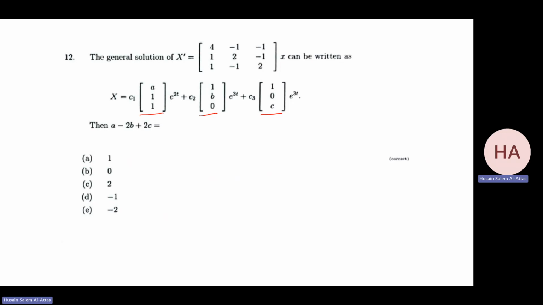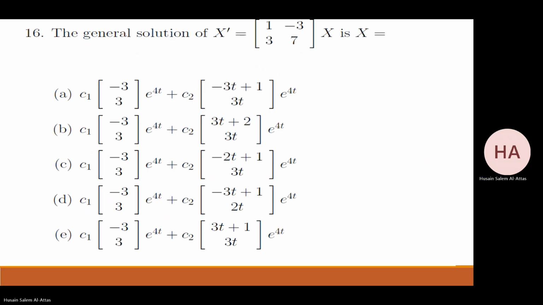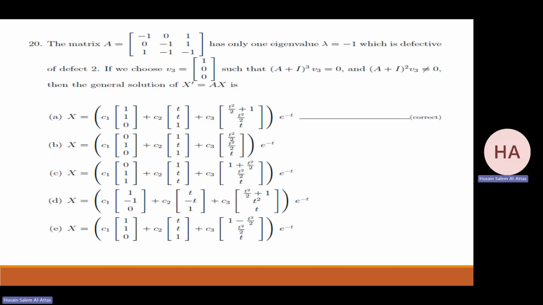I have lambda repeated, but still I can get eigenvectors, so that we can solve it like what we did in 7.3. Or this if you want the general solution, you can do. Okay. Or this is the one usually came.